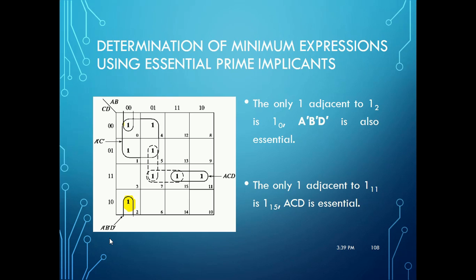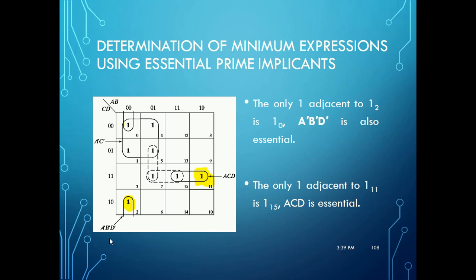next min term we are going to consider, you can see this term. It is covered by only one single term. The only adjacent one that is adjacent to M11 is M15.